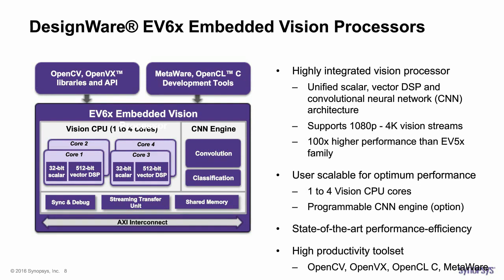Now, the EV6 family is a very highly integrated processor, combining a very advanced signal processing capability, or vector DSP, with a very specialized engine for processing convolution neural network graphs.